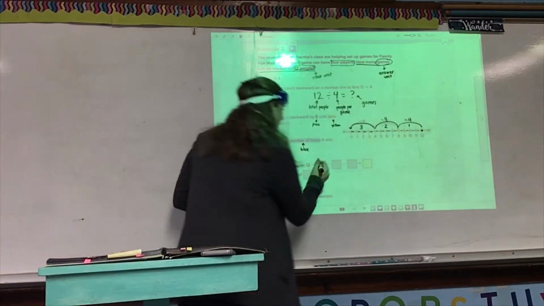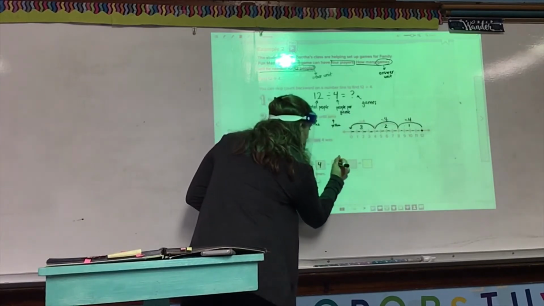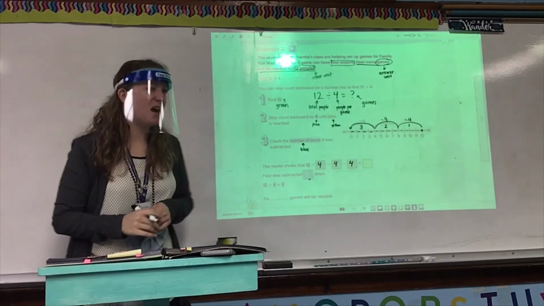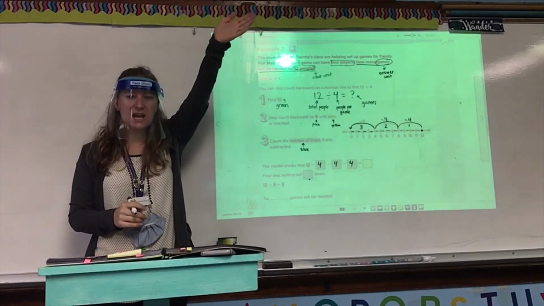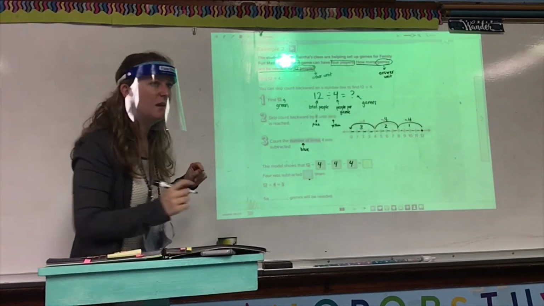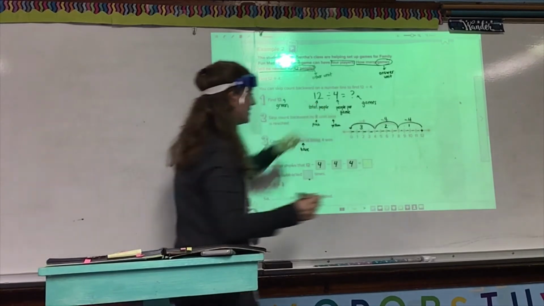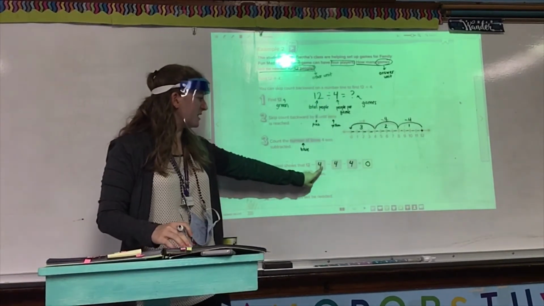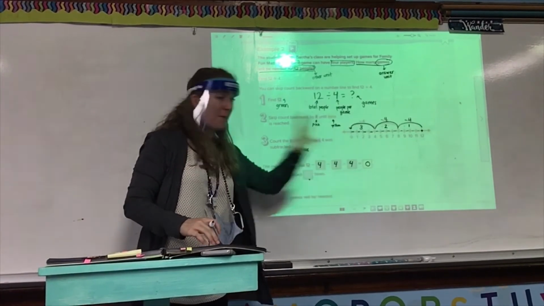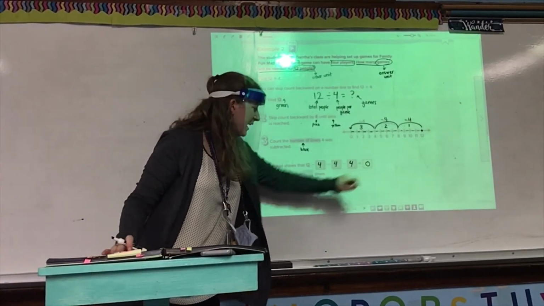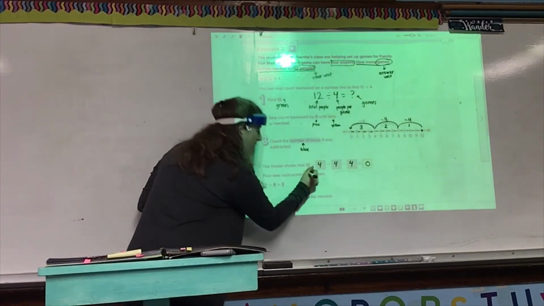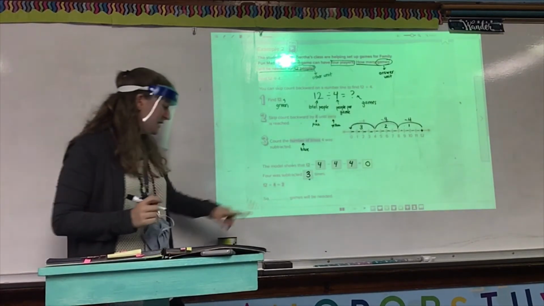4. So 12 minus 4 minus 4 minus 4 equals, and I have a box that's yellow. What goes in the yellow box? 0. So I know 12 minus 4 minus 4 minus 4 is 0. 4 was subtracted 3 times.